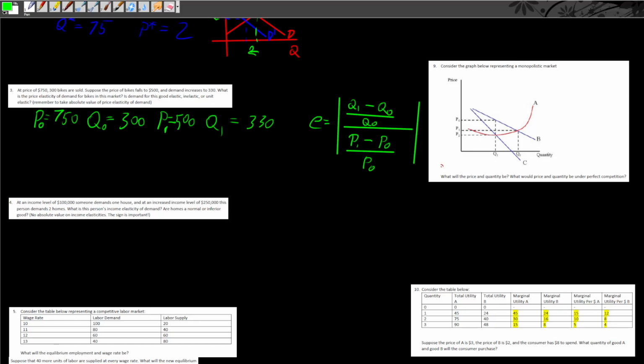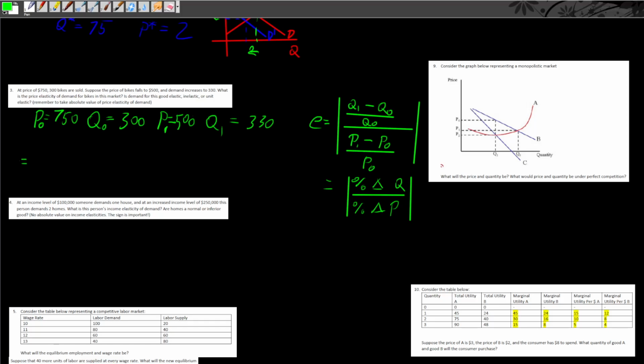And this is kind of the expanded form of just the percentage change in Q over the percentage change in P. And we've got to have that in an absolute value because this is a price elasticity of demand. This is the only elasticity that we take the absolute value of. So let's work through this.